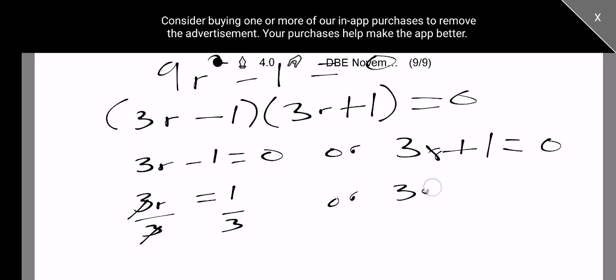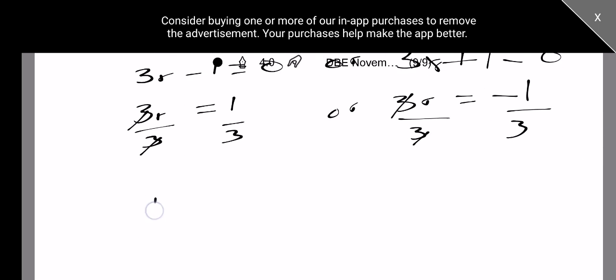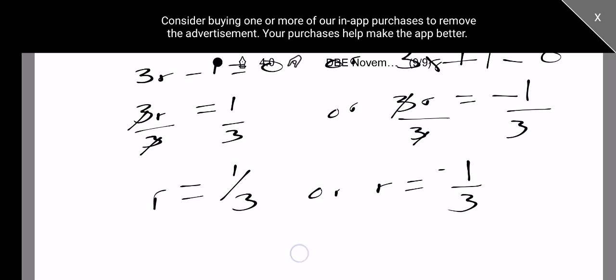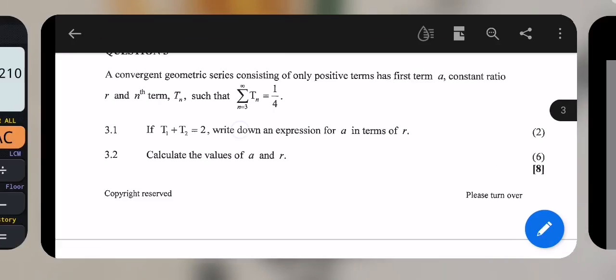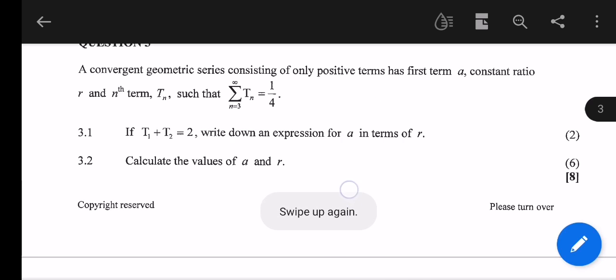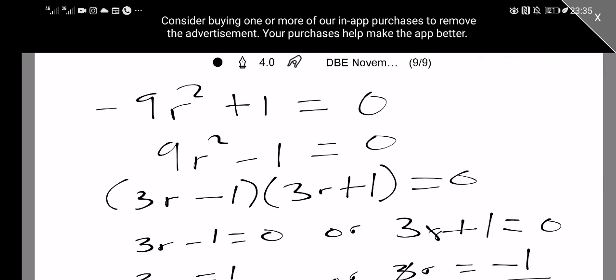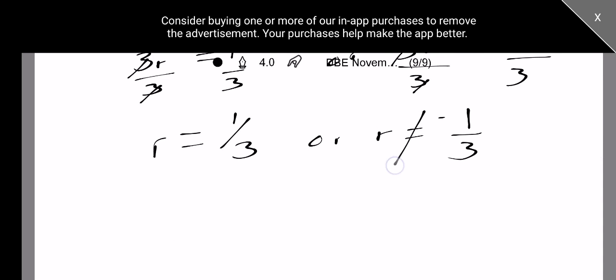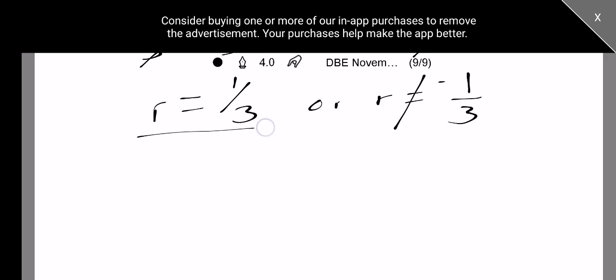Or 3r equals negative 1, divide both sides by 3, r equals negative 1 over 3. Now remember guys, they told us in the statement that this is a convergent geometric sequence consisting of only positive terms. So r cannot be negative. It means that we're going to exclude this one. Therefore r is this one.